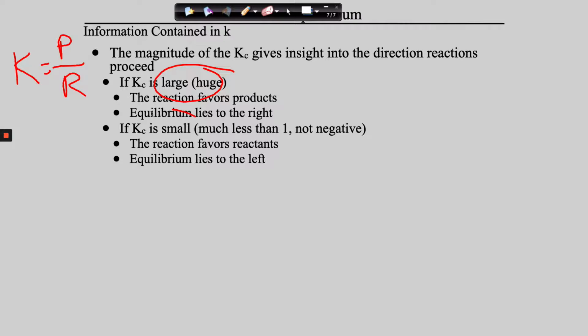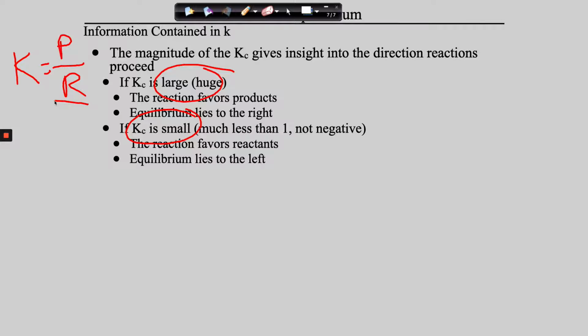If Kc is small, that means the denominator is large, and that then means we're going to have more reactant at equilibrium. So rather than thinking big and small, I just like to think which one needs to be bigger to make this true. Big value, big numerator, big product. Small value, big denominator, big reactant. That's the way I like to think about it.